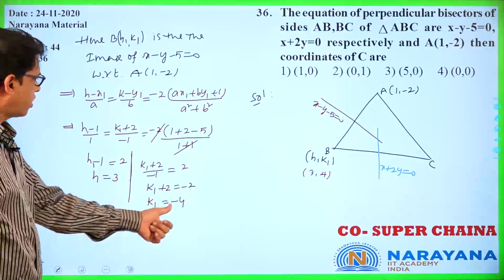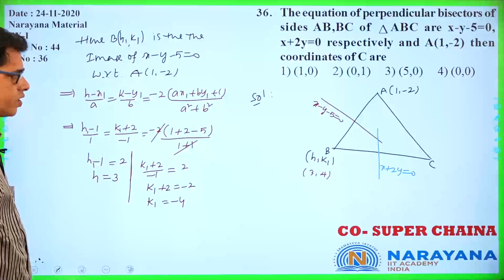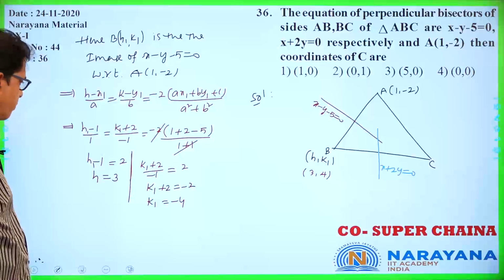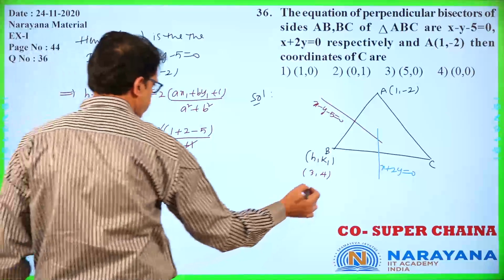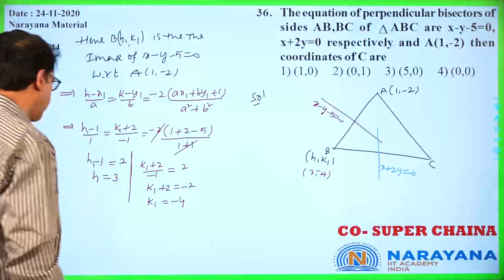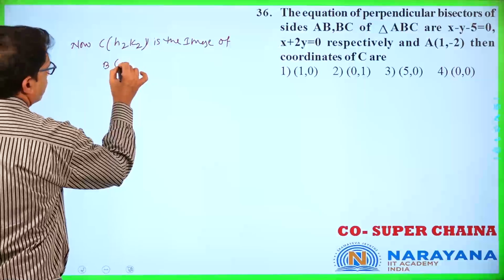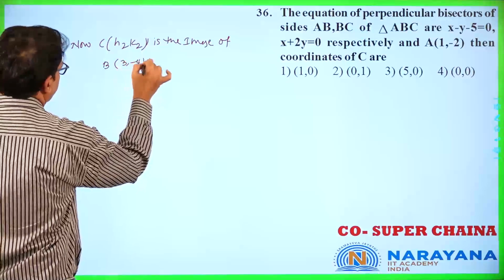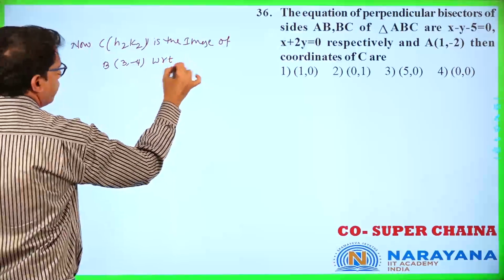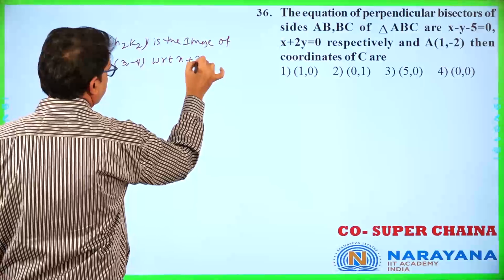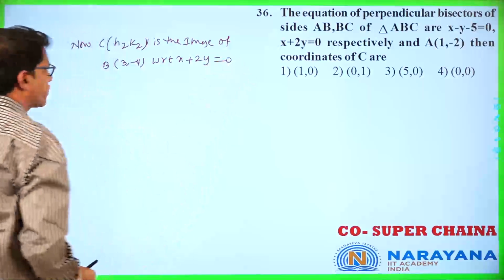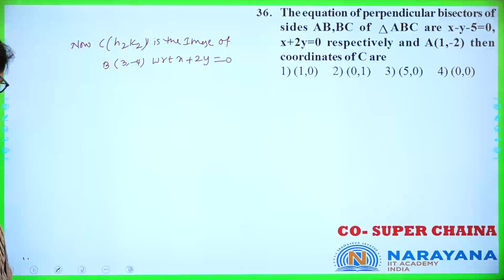B coordinates are (3, minus 4), with respect to x plus 2y equals 0. So the image of (3, minus 4) with respect to the line x plus 2y equals 0.